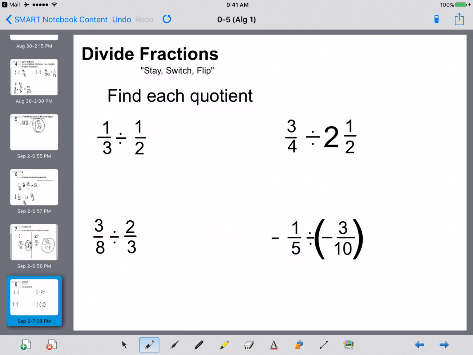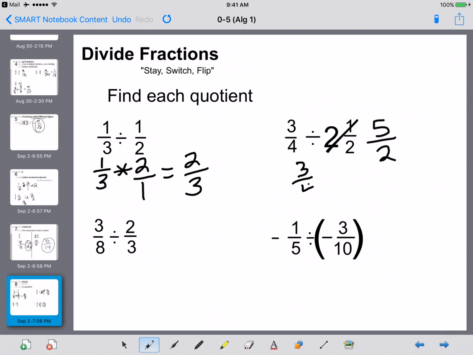Now finally, we're dividing fractions. So what you do is you stay, switch, flip. So your first number stays. Your division symbol switches, and your last number flips to the reciprocal. Then you just multiply straight across, 2/3. So this one here, we're going to need to turn this 2 1/2 into 2 times 2 is 4, plus 1 is 5 over 2.